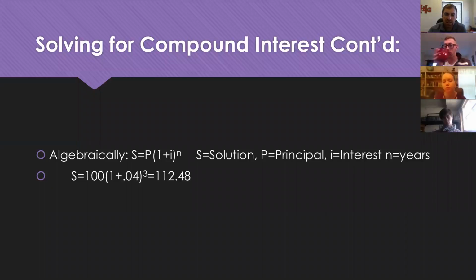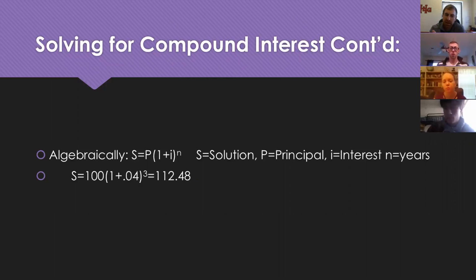You could also use the algebraic equation, which follows this: S equals P times the quantity 1 plus I, to the nth power. So the solution is S. P is how much money you start with. I is your interest rate stated as a decimal, so 5% would be 0.05. And N is years.